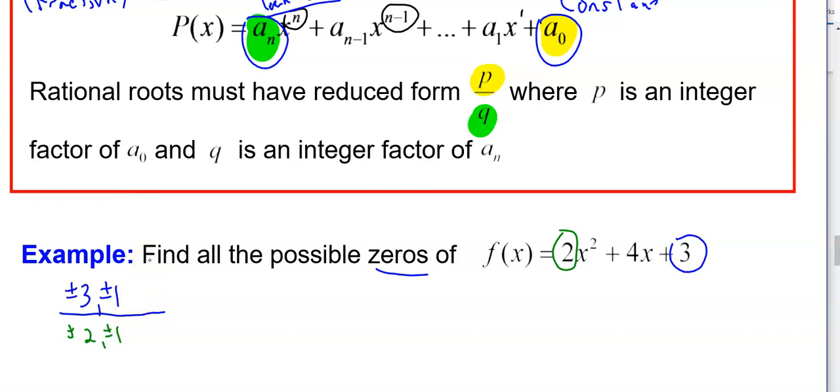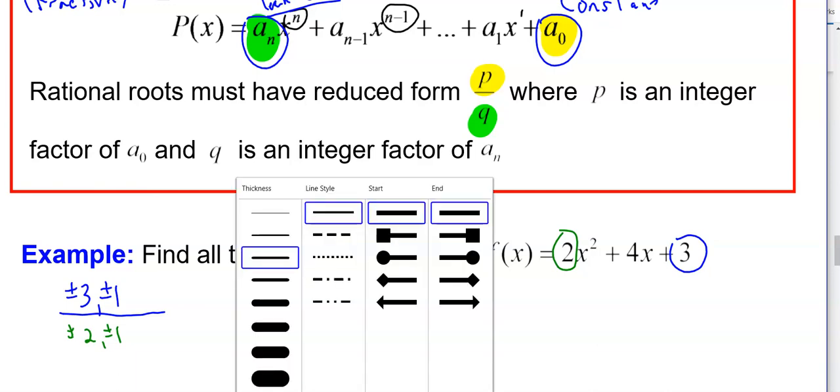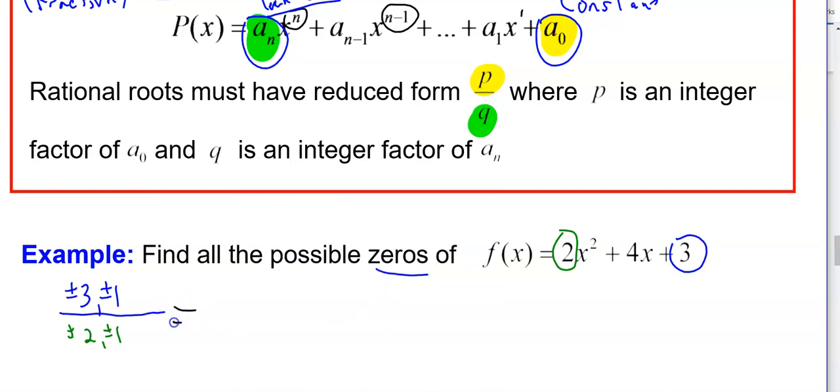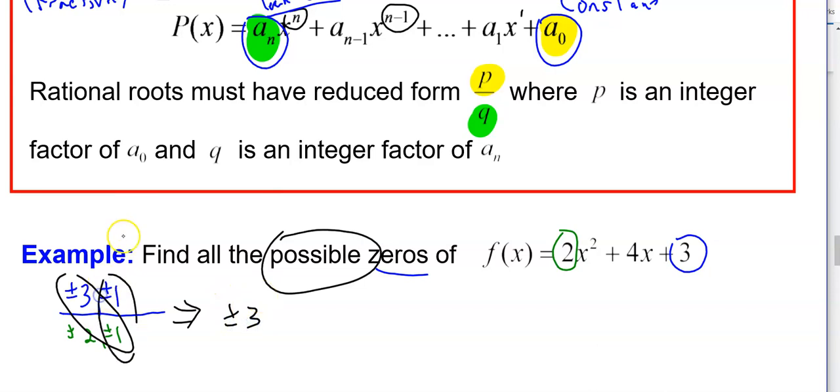So I haven't actually listed out the possibles. So what you have to do is put all the fractions, the possibilities, together here. So to list all the possible zeros, you take this fraction, you think about how many different numbers can I make? Well, let's just do this one first. So this would be plus or minus 3 over 1, or plus or minus 3, plus or minus 1 over 1, plus or minus 1, plus or minus 3/2, that fraction, and plus or minus 1/2.